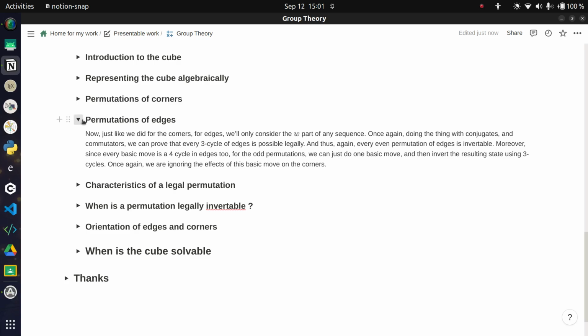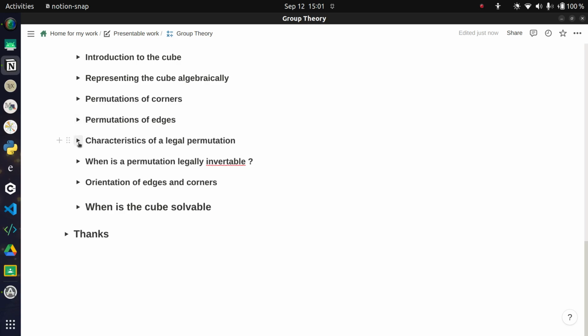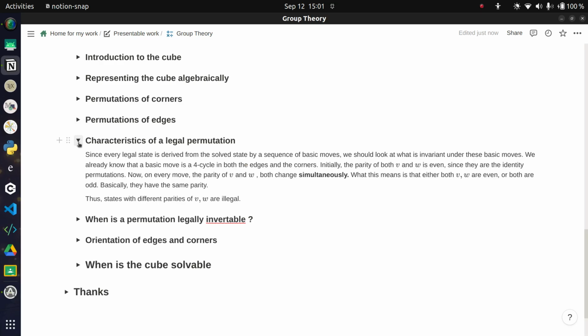Alright, cool. And then finally you go to the characteristics of a legal permutation. In this context, we're talking about permutations only. We're not considering what's happening to the orientations at all. We'll worry about that later on. So the thing is that every legal permutation must have the parity of V and W being the same.